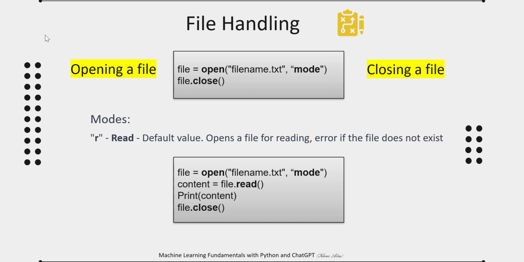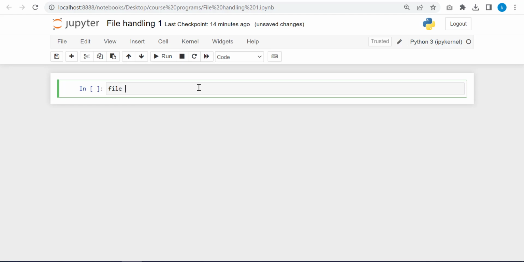So this is the syntax for the read mode. Of course, as we said, you will say file equal open, file name dot the extension of your file, and then the mode. And here our mode will be R. Content equal file dot read, print content, and then file dot close. Let's see this mode on Jupyter Notebook. So we will say file equal open, and then between parentheses, between quotes, the file name.